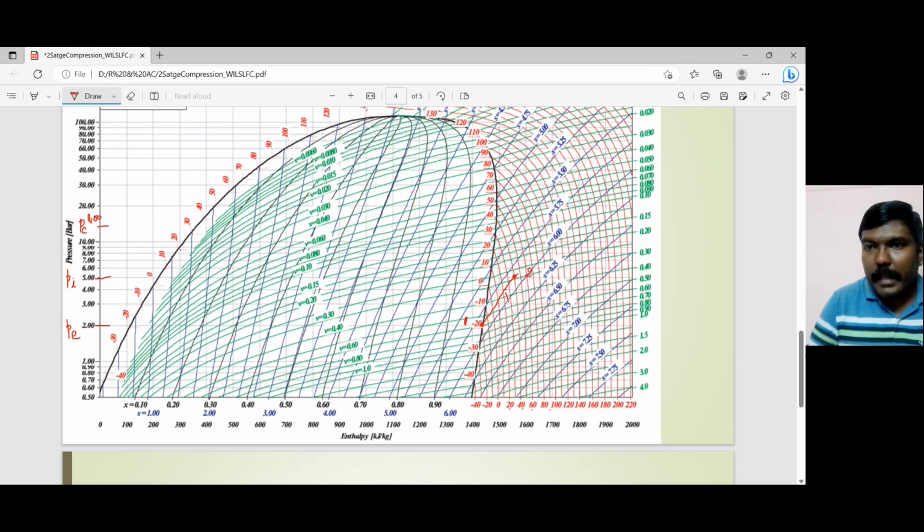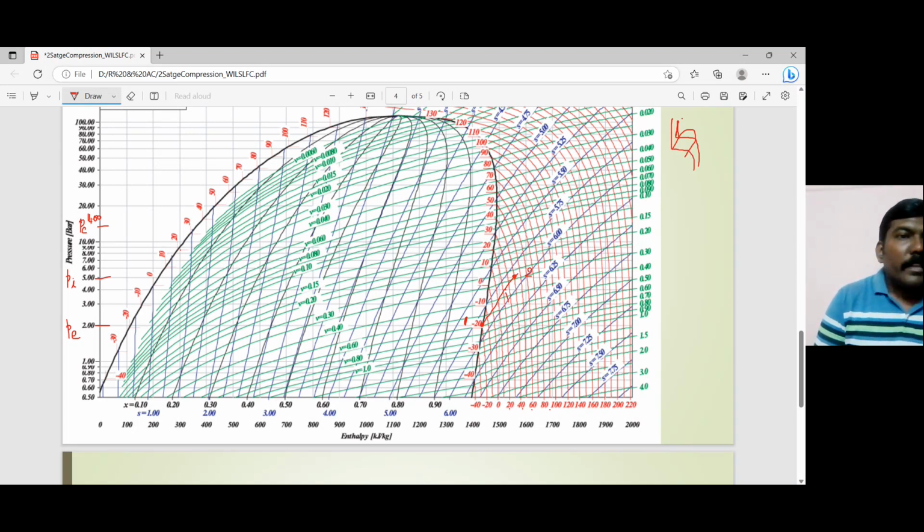Within the bell curve, you have the constant temperature line like this, and then it drops. So this is how the constant temperature line is inside the bell curve. So we are following that.